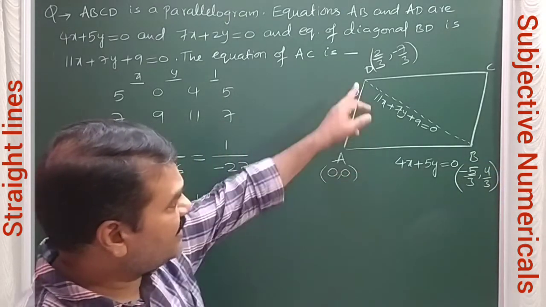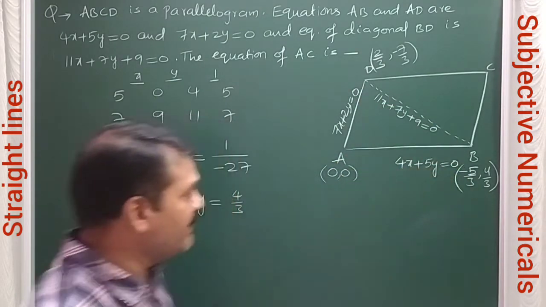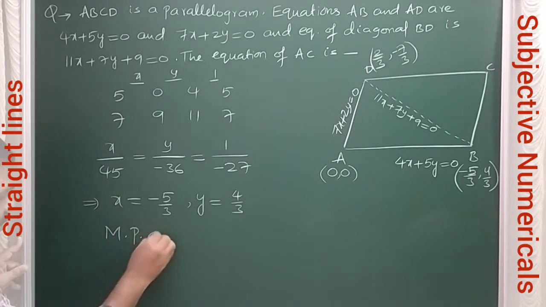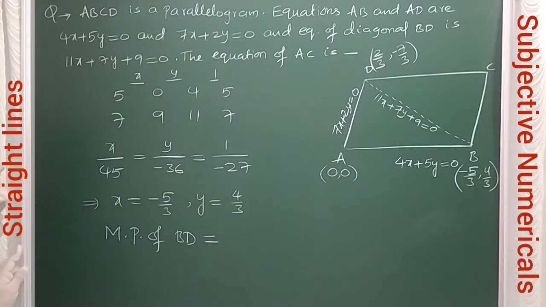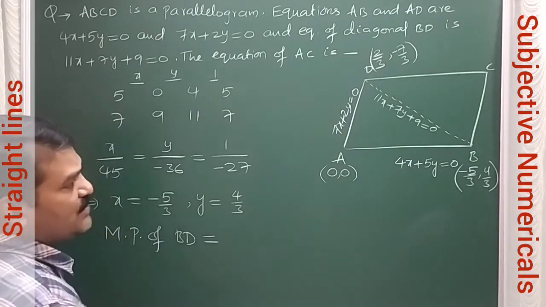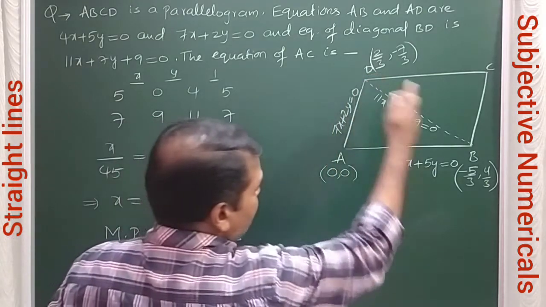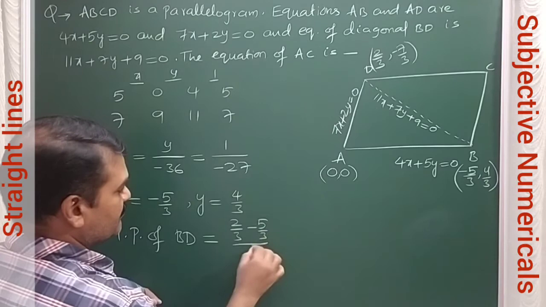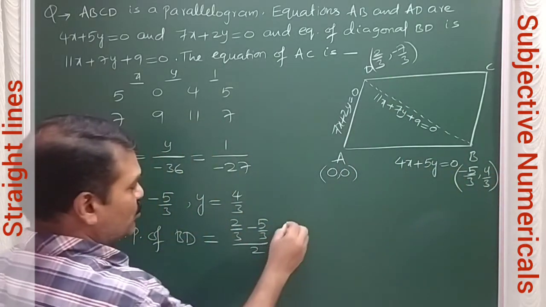So we got D as well as B. Let us find the midpoint of BD now. Using the midpoint formula, x1 plus x2 by 2 comma y1 plus y2 by 2.